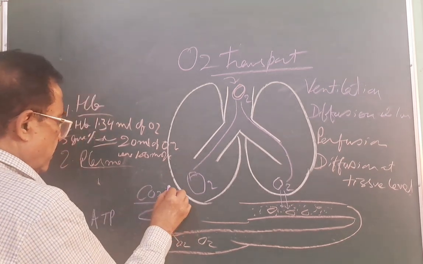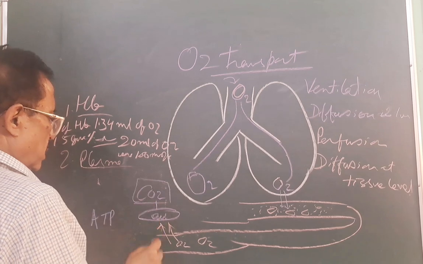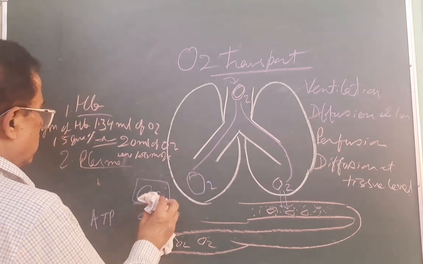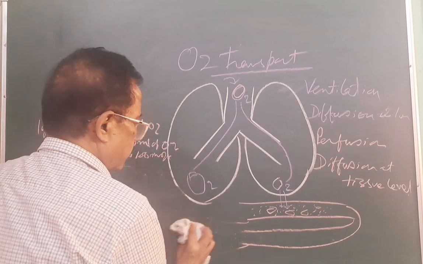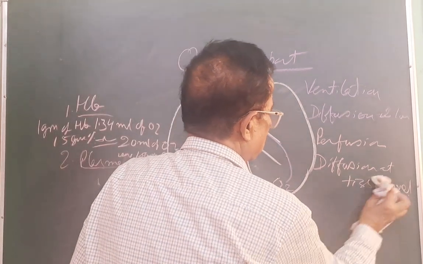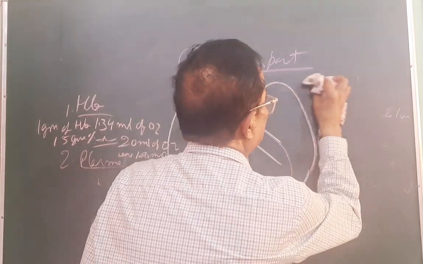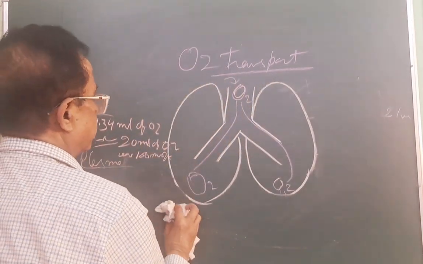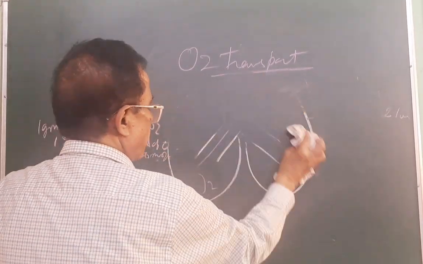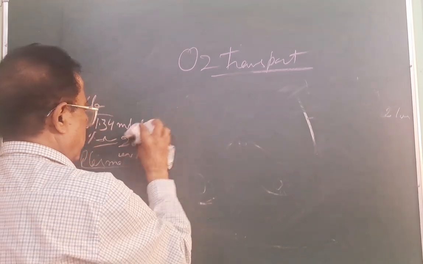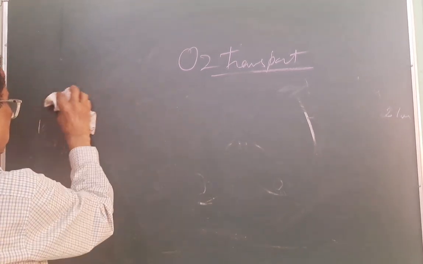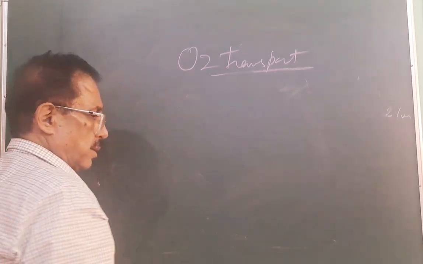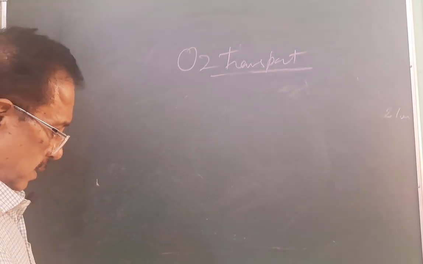We will learn about carbon dioxide transport from tissue to lung in another video. Now, coming to how we will know the oxygen content of blood. The most common is by pulse oximeter.